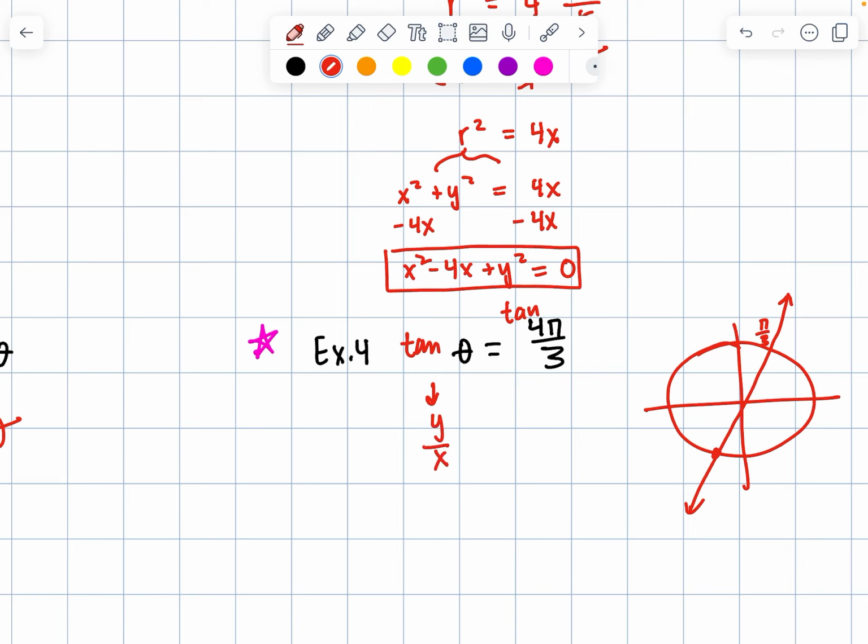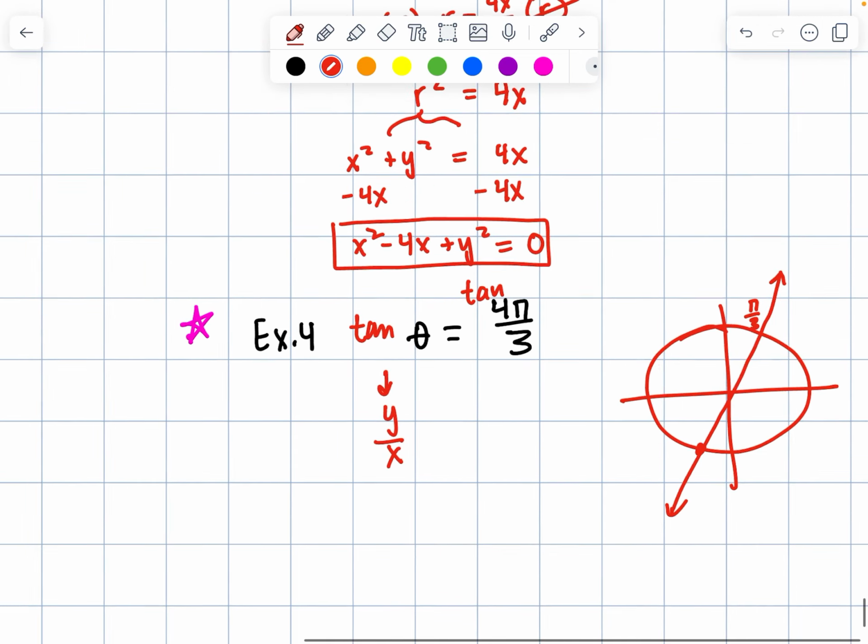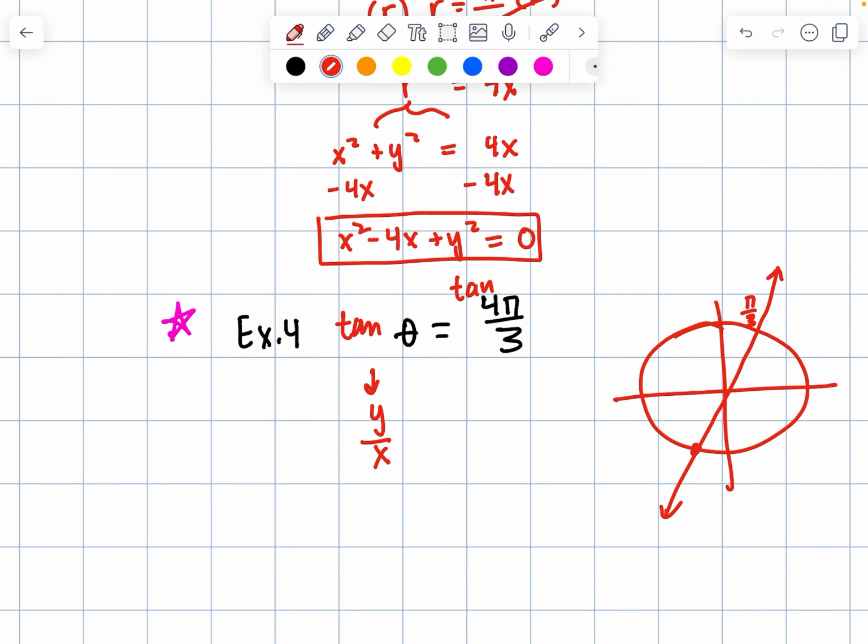And tangent of 4 pi over 3, we're going to actually need the unit circle for. So if you remember in the unit circle, this was root 3 over 2, and this is 1/2.